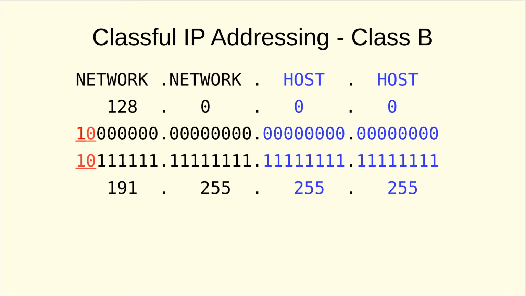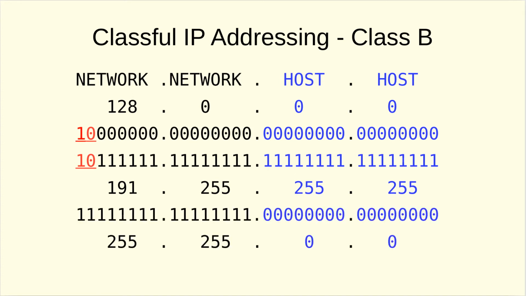If it's a Class B address, we have the first 2 octets set to network. So it's network, network, followed by host, host. The last 2 octets being the host octets. In this particular case, we've got 128.0.0.0 and 191.255.255.255 being the lowest possible Class B address and the highest possible Class B address.